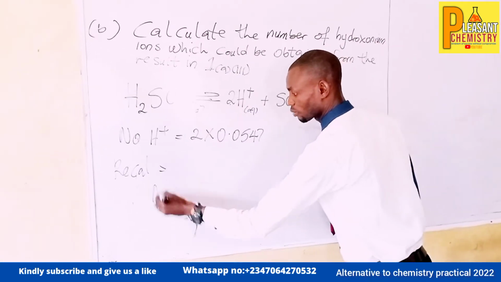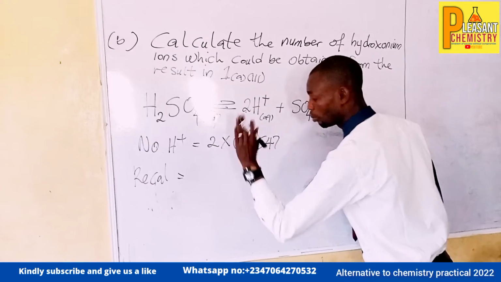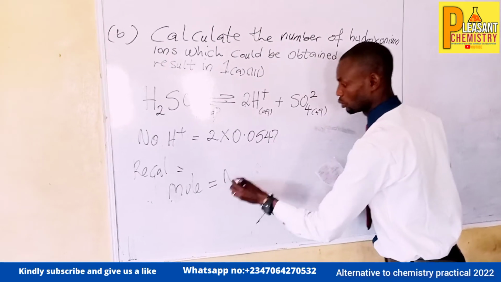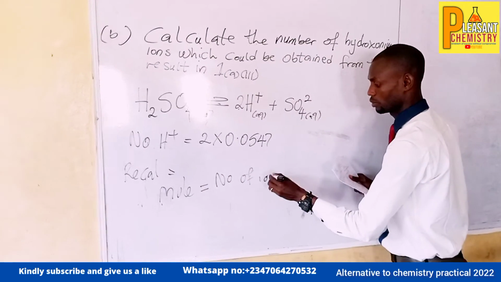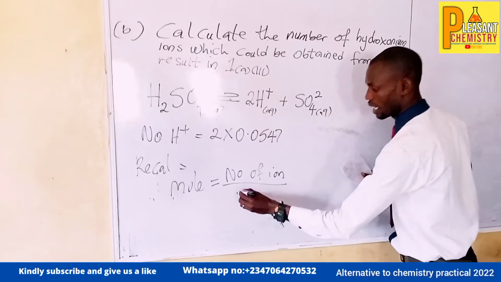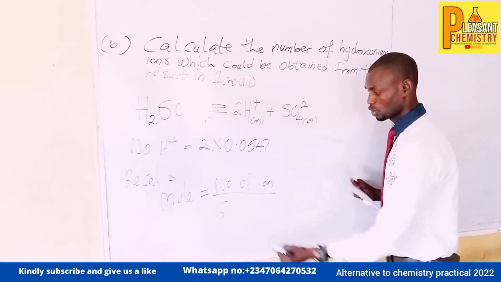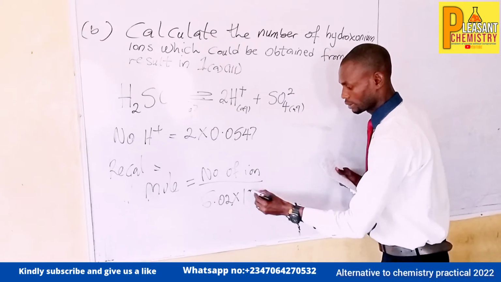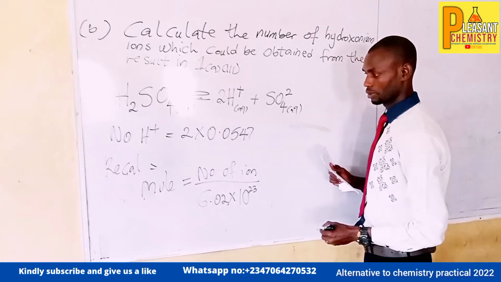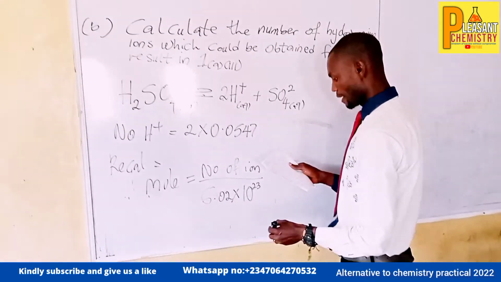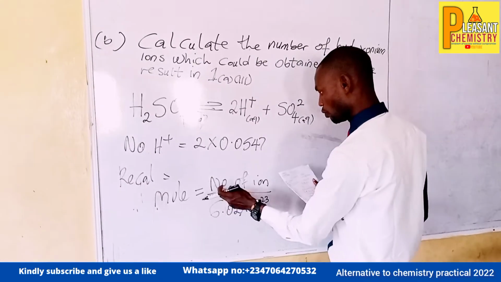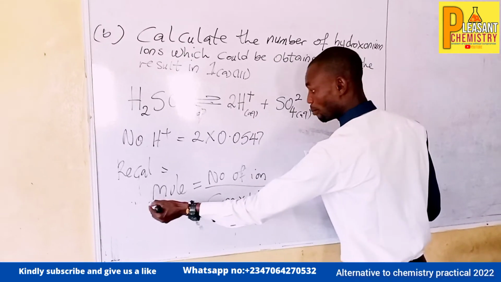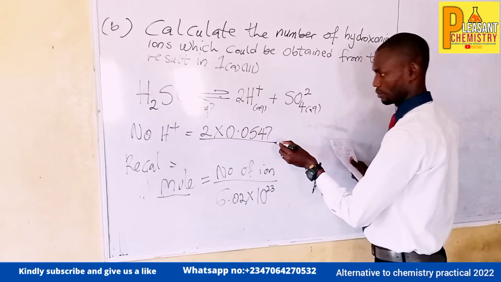Then recall that when you are calculating our number of ion, we have mole is equal to number of ion all over Avogadro's constant, which is 6.02 multiplied by 10 raised to the power 23. So here we'll be having, we make our number of mole the subject of the formula. So our mole is this now.